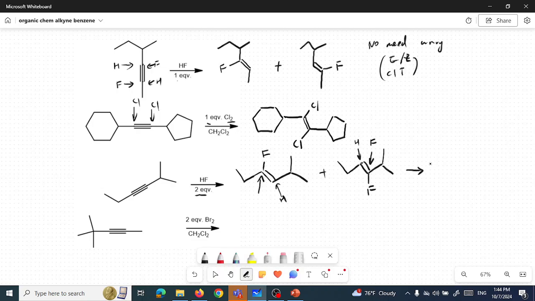That's going to result in a so-called geminal dihalide, where you keep the carbon chain unchanged, but the double bond is now gone. And where you have a fluorine already, you're going to have the second fluorine.